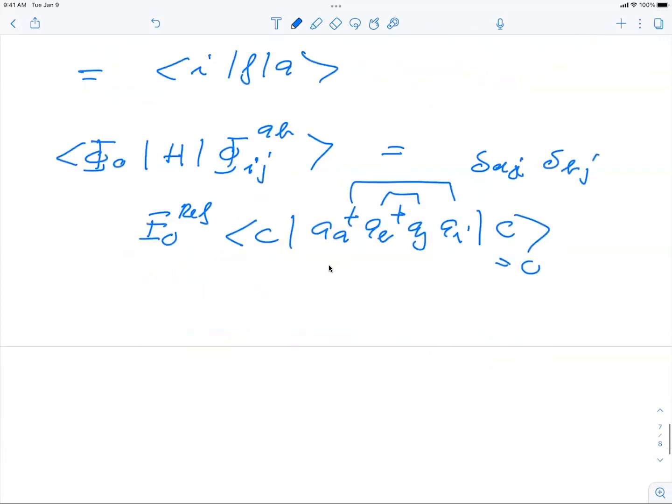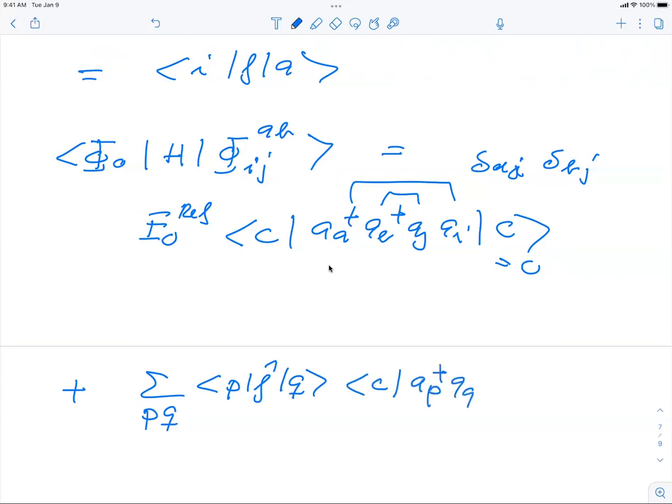Then we have the next term, which is now the one-body term, sum over PQ of the matrix element P, F, Q, and now I have my state C, but now I have the operators a_P dagger a_Q here, and then I have my a_A dagger, a_B dagger, a_J, a_I on C here.